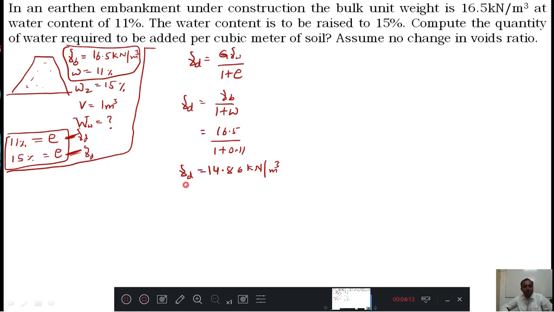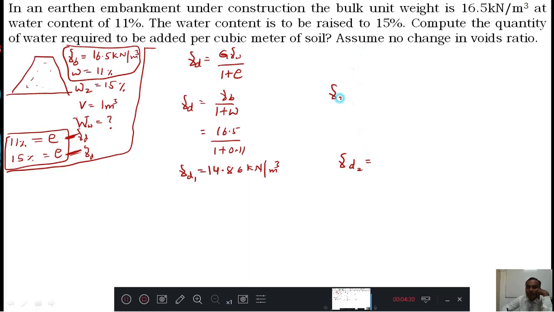If gamma D is known to me, then the second gamma D is also known. This is gamma D1, and the second is gamma D2. Actually there is no need to calculate it.